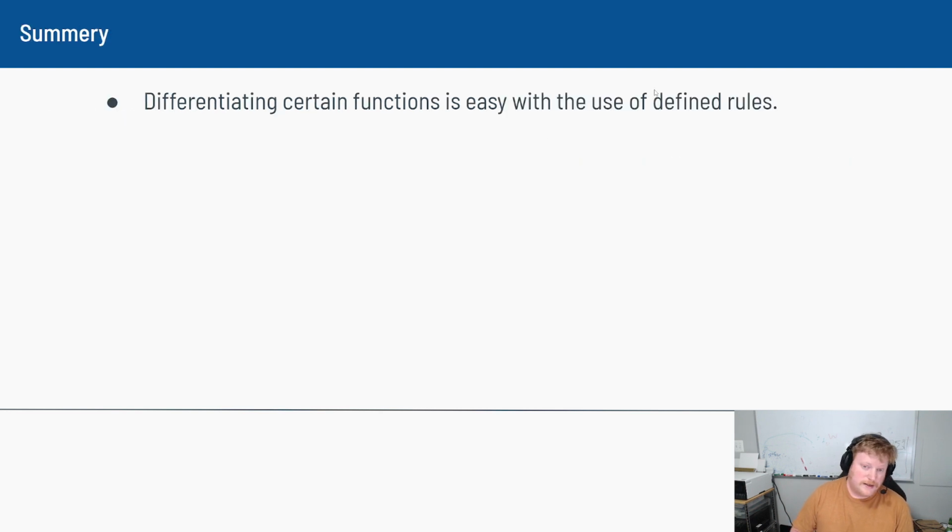So in summary, differentiating certain functions is fairly easy once you know the defined rules. We no longer have to use the definition of derivative to find the derivative of these functions for which we know rules. In the upcoming lessons, we'll uncover other rules for differentiation.